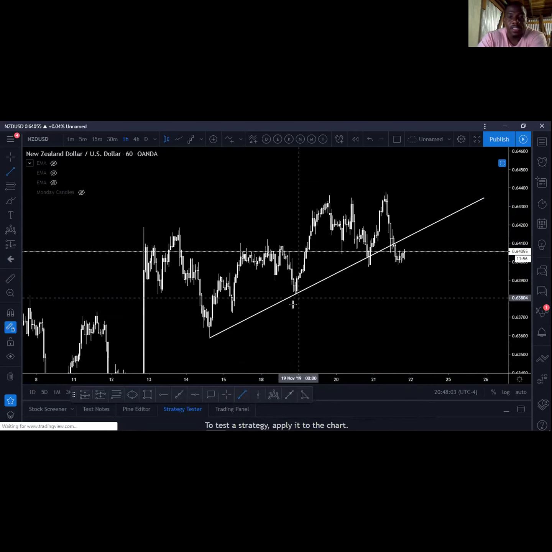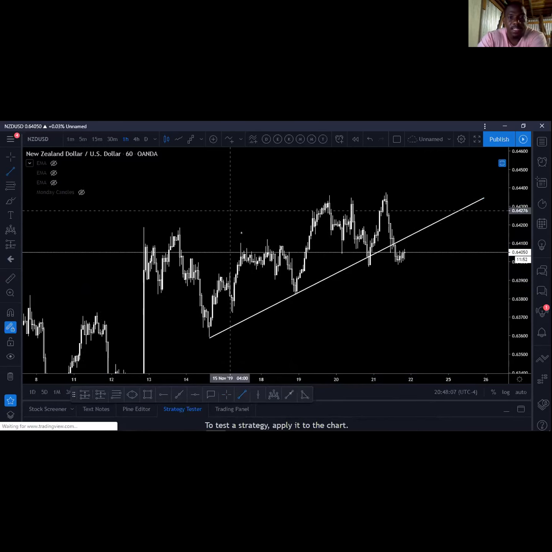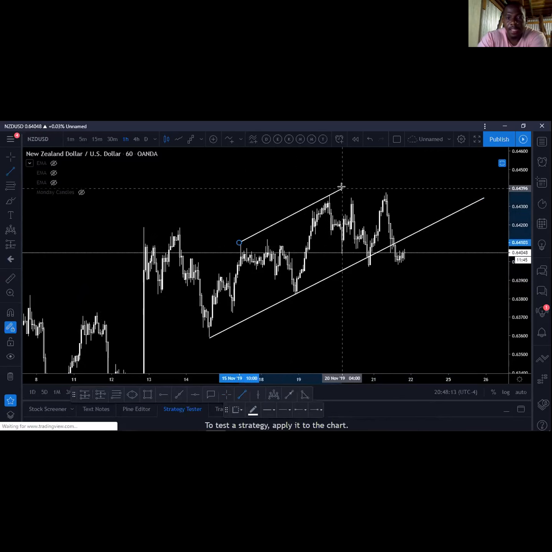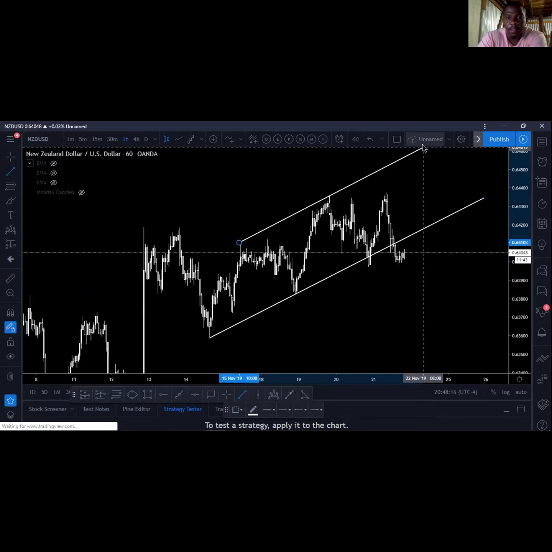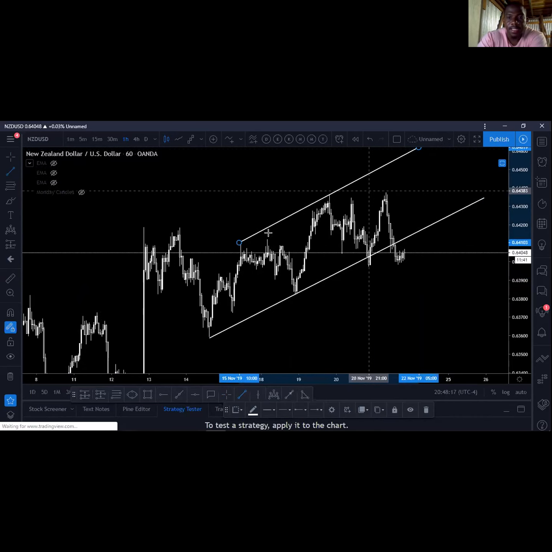All right, so I got my trend line drawn there. If you want to draw a trend line to the top, making like a channel, you could look for your swing highs at the top and just connect those as well. So you could create a nice little channel if you please. All right, so that's using the swing points to draw your trend line.